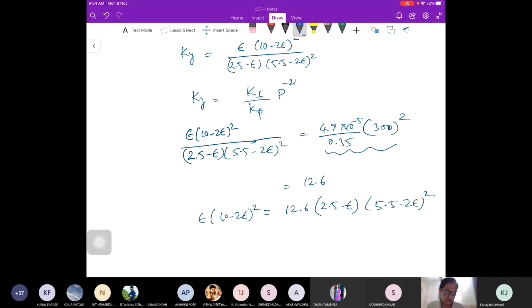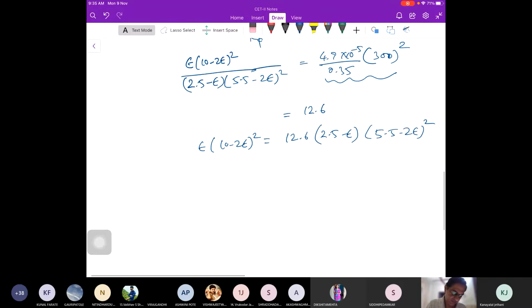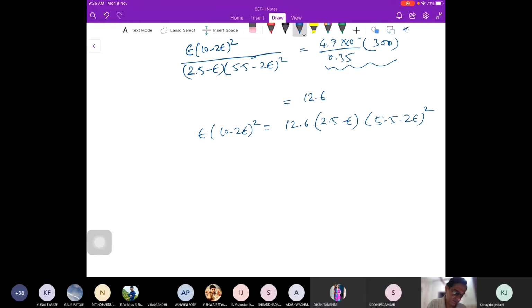So you have to open it or you can directly do it in the calculator. How did you do it, Siddhi? Did you simplify it? Sir, yes. Simplified? Yes. What is 5.5 squared?